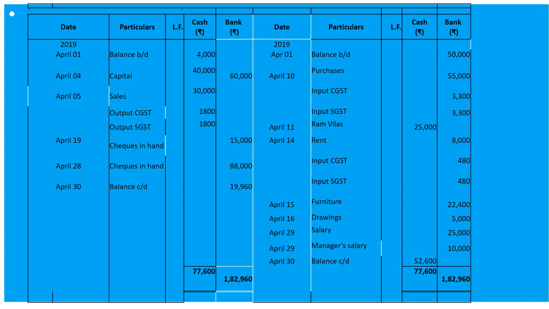April 15, office furniture purchased and check issued for the same. So by furniture account, and it will be written 22,400 in bank. On the 16th, drew check for personal use, so by drawings 5,000 will be in bank amount. Fine.